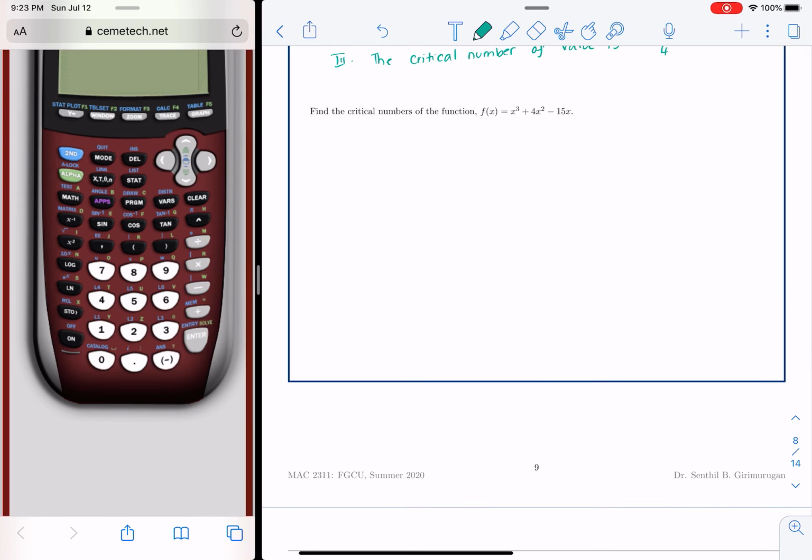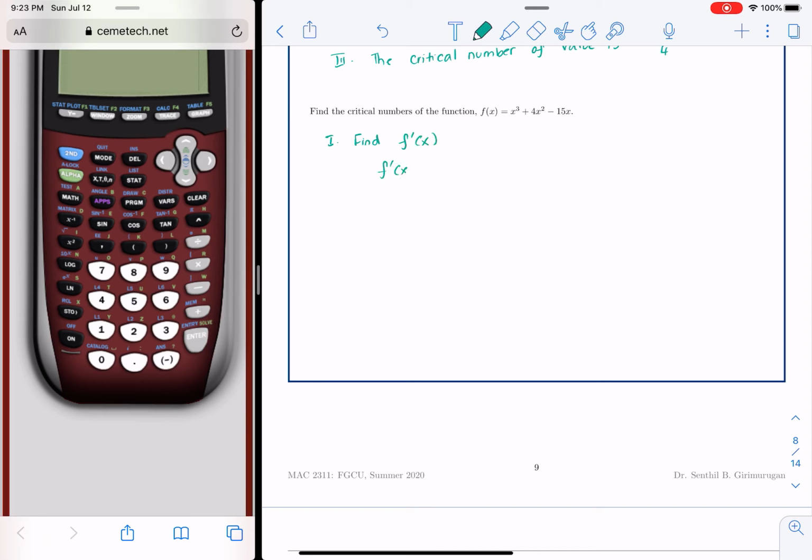Same process, only this time we have a cubic polynomial. So when we have a cubic polynomial, the process is pretty much the same, but when we take the derivative, we are going to have a quadratic equation. So the first step is to find f prime of x.